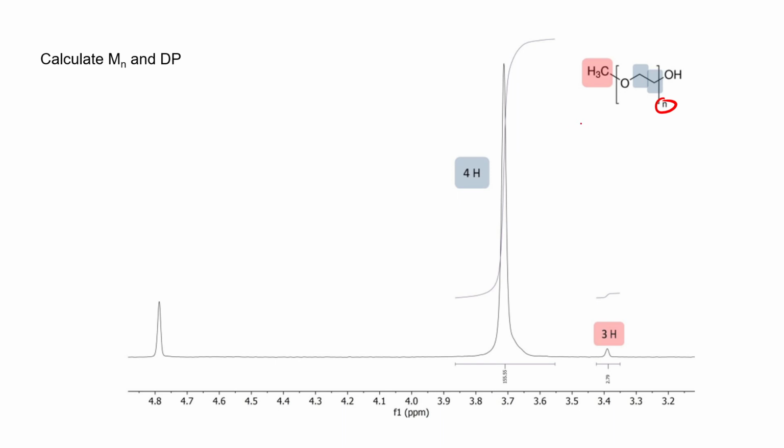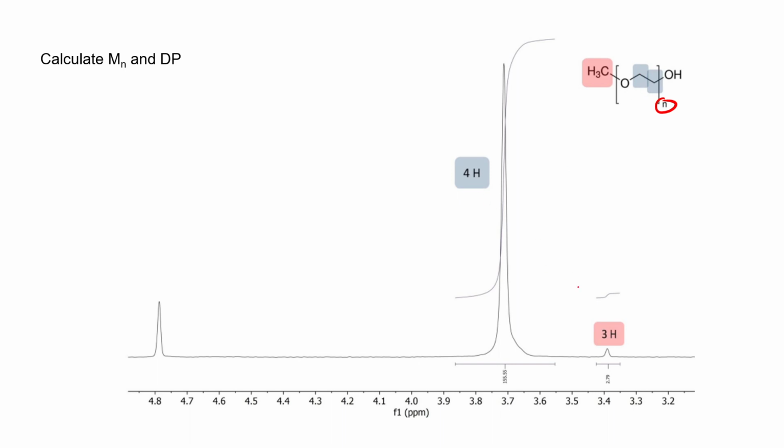is very useful. Let's say you have this kind of polymer, where the n group is this methyl. It should come at around 3.4 ppm. So this is for this particular methyl. Now here you have four hydrogens, and that would be your repeating unit for this kind of polymer.